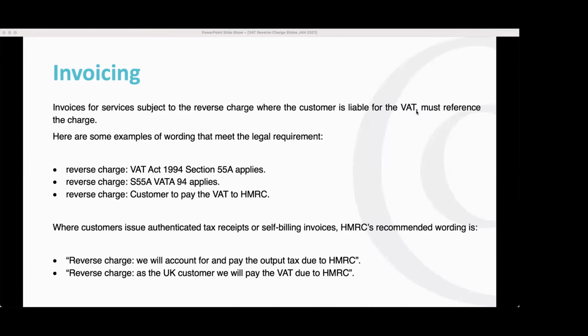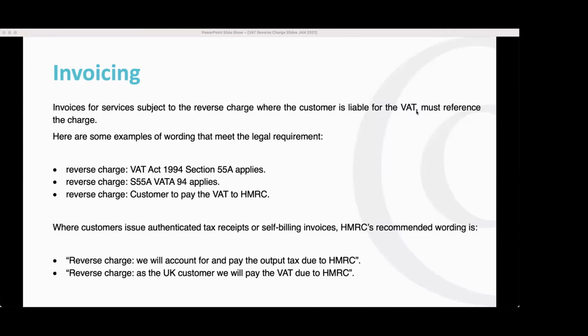If you use software to produce your invoices and your system cannot show the amount of VAT to be accounted for under the reverse charge, then the wording should state that VAT is to be accounted for by your customer at the standard or reduced rate of VAT based on the VAT exclusive selling price for the reverse charge goods and services.